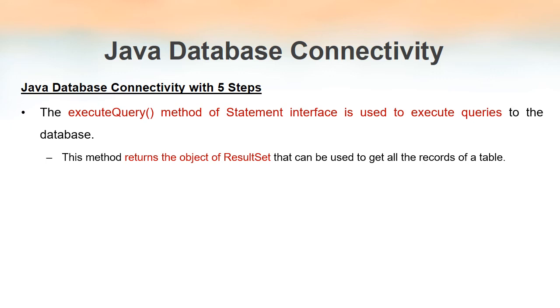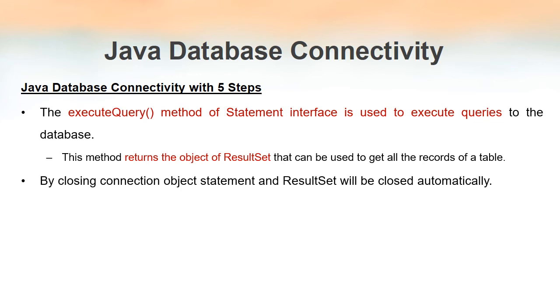And finally, the last step is to close the connection. So when we close the connection, the statement object as well as the ResultSet object also will be closed automatically. We don't have to close the statement object and the ResultSet object separately. They will be closed automatically when we close the connection.